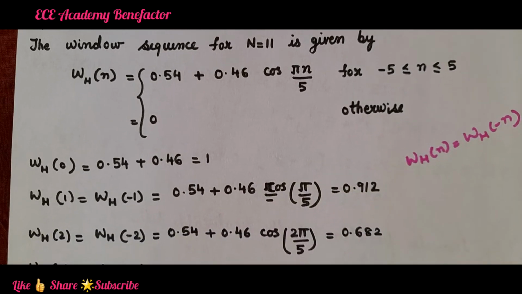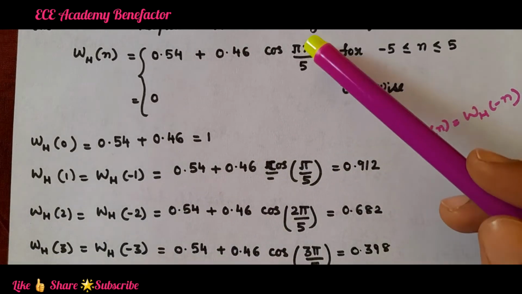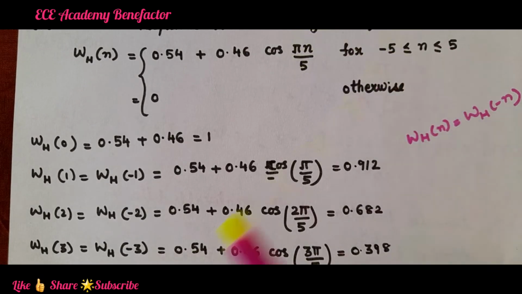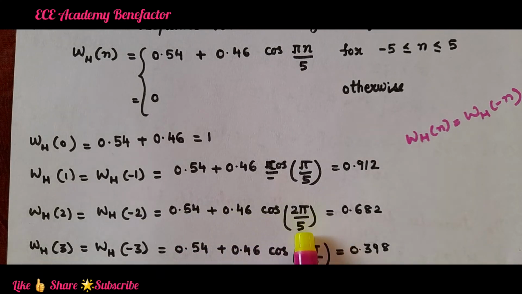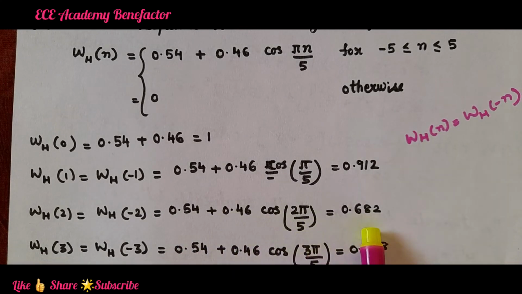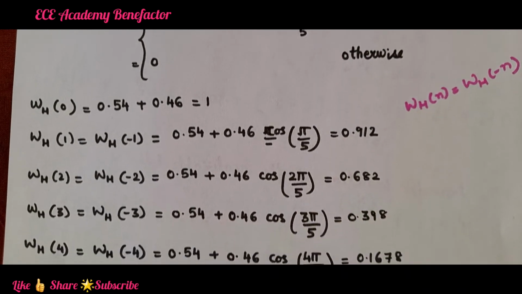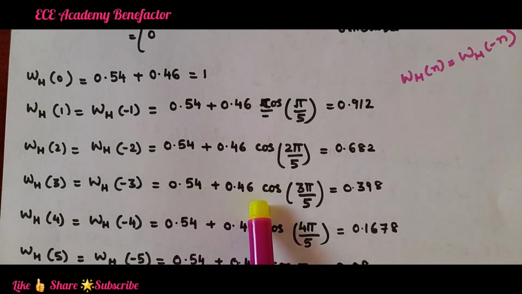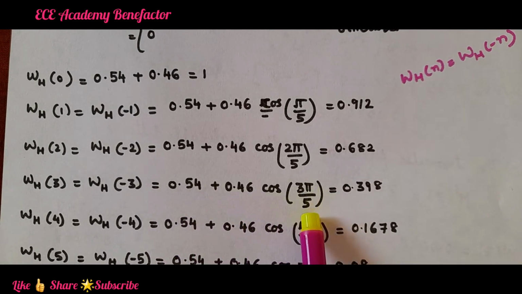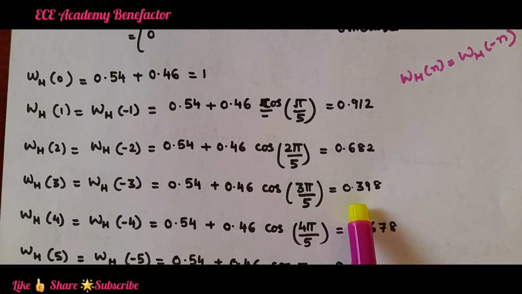Now for n equal to 2, WH of 2 is 0.54 plus 0.46 cos of 2 pi by 5, equal to 0.682. WH of 3, substituting n equal to 3, is 0.54 plus 0.46 cos of 3 pi by 5, which is 0.398.